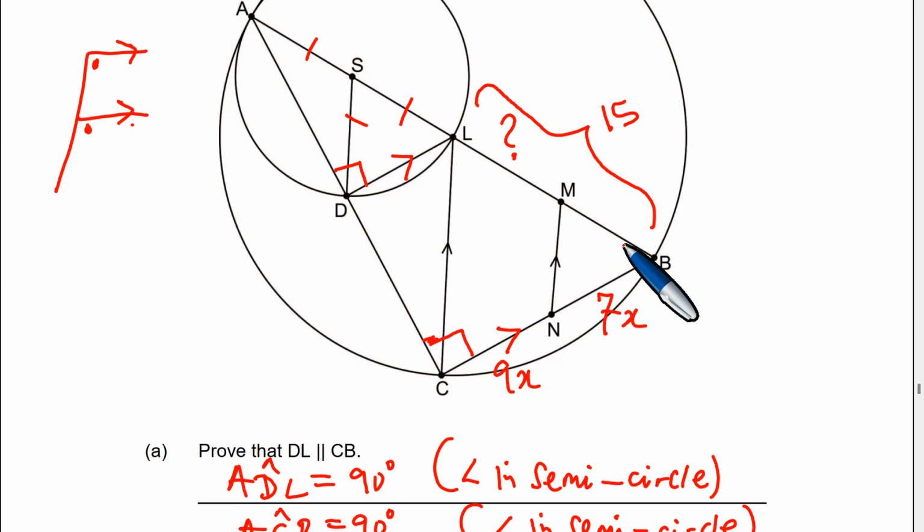So at this point, we can use the proportionality theorem. According to the proportionality theorem, LM over 15 is going to be the same as CN over CB.